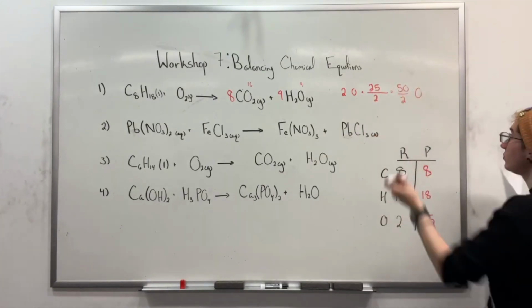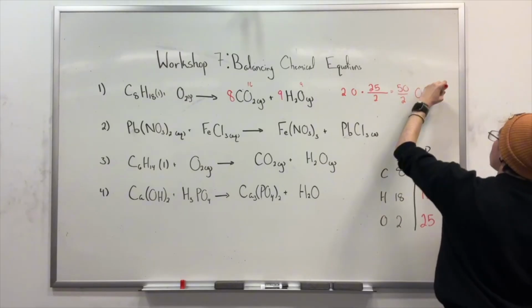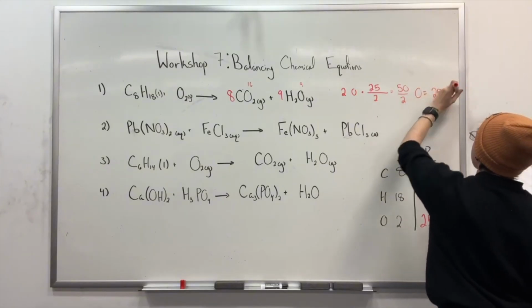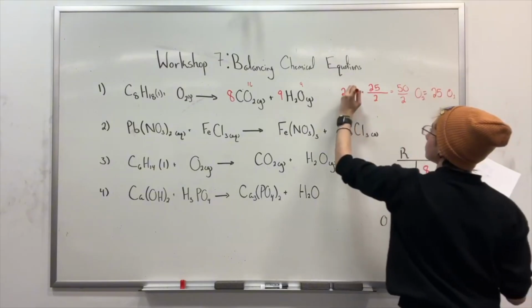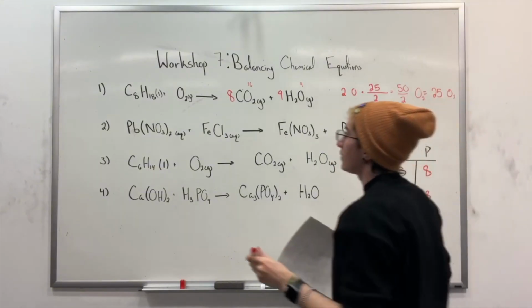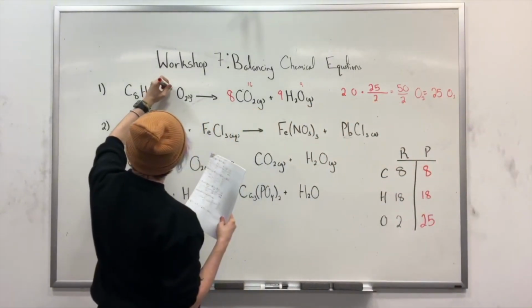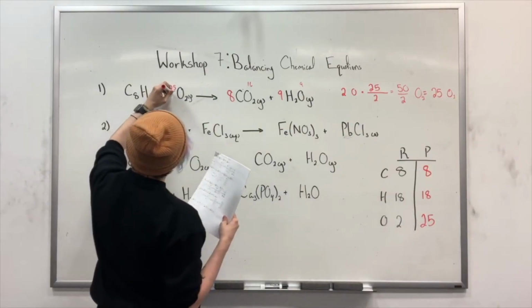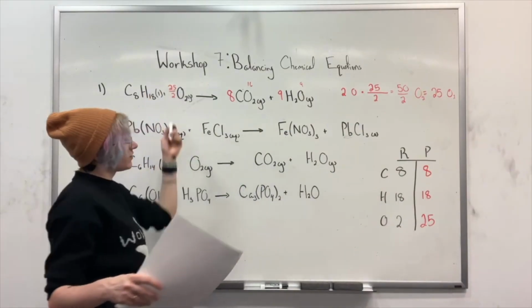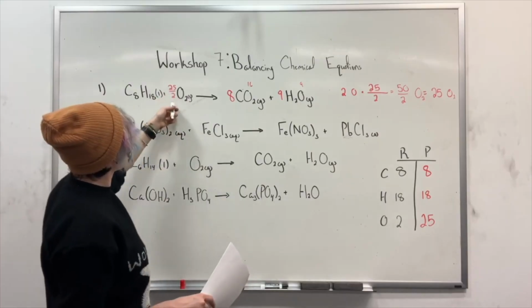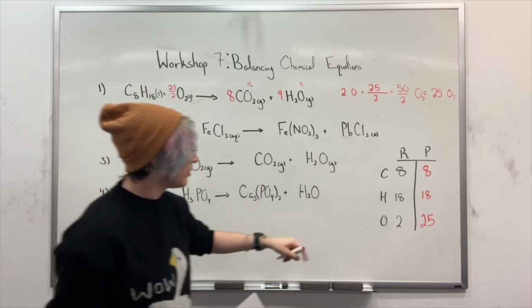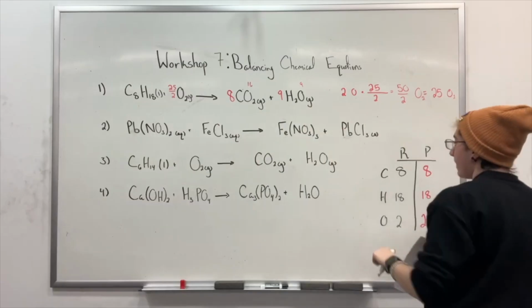And 50 over 2 is equal to 25. And so if we multiply this by 25 over 2, this would give us the correct amount. 25 over 2 times the 2 oxygen we have would give us 25.